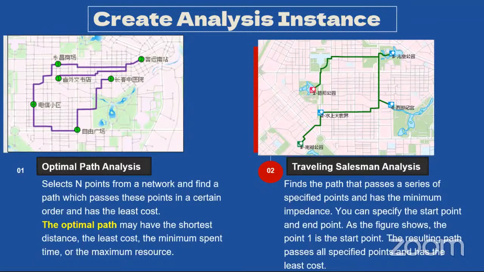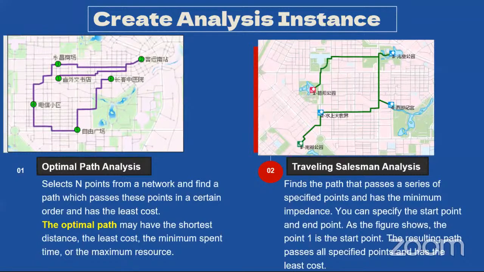While the trip traveling assessment analysis includes the shortest route analysis. Okay, so for this path analysis, we have two types, which are optimal path analysis and traveling salesman analysis.